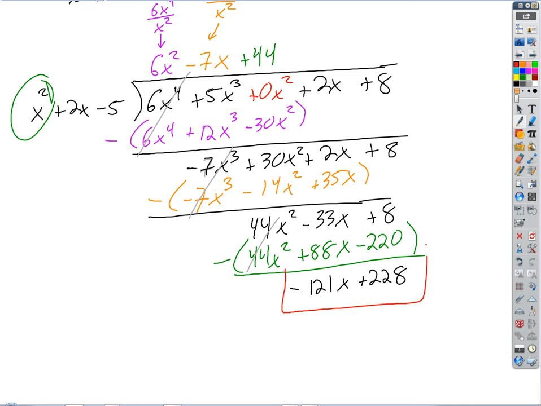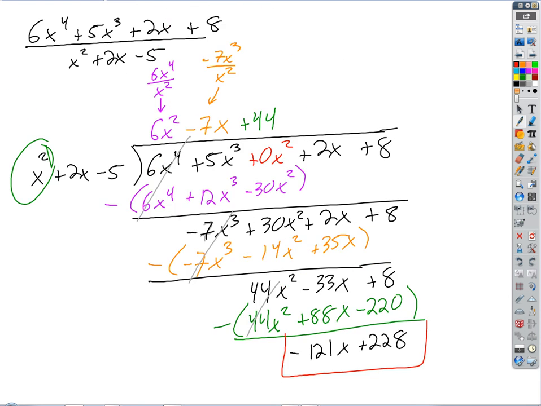So then our answer, if we want to write this out, is this polynomial, 6x squared minus 7x plus 44, plus the remainder of negative 121x plus 228, all divided by the denominator, right? That's what remains over the denominator.